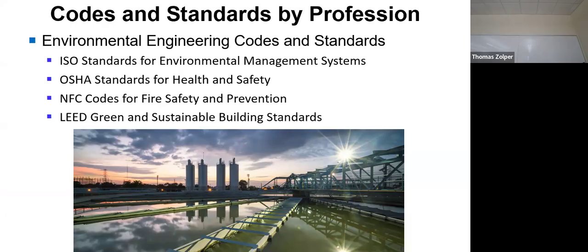In some cases, LEED has some building standards associated with it as well. So it's hard to know which codes and standards you have to design and build to. Usually employers, I know most of you probably won't start off self-employed or as engineering consultants, so most of your employers already know the codes and standards for their industry.